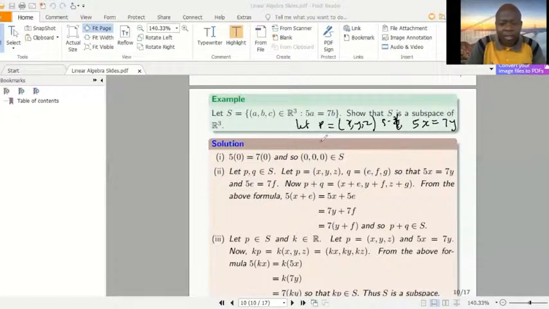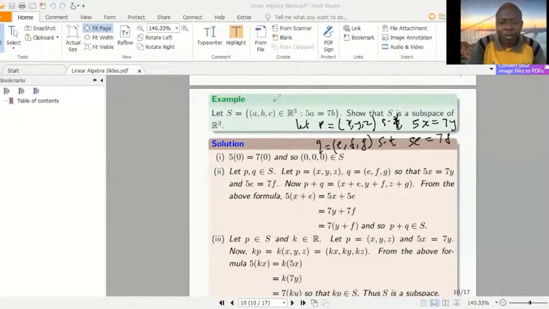And also let another vector q, and I call it e, f, g, be in S, such that 5 of e is the same as 7 of f, using this condition. So I'm letting these be 2 vectors in S. What I want to see is whether the sum of these 2 vectors would be in S.